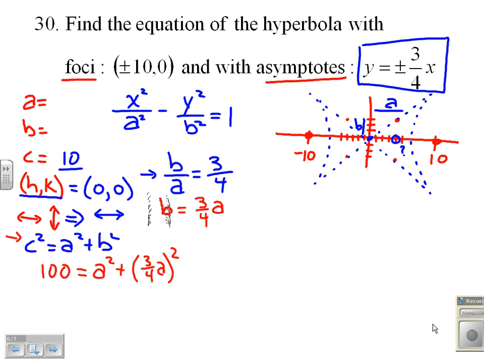And now I can find A. Once I find A, or A squared, then knowing C and knowing B as well, I should be well on my way to coming up with my missing values. And I'm going to leave that to you.